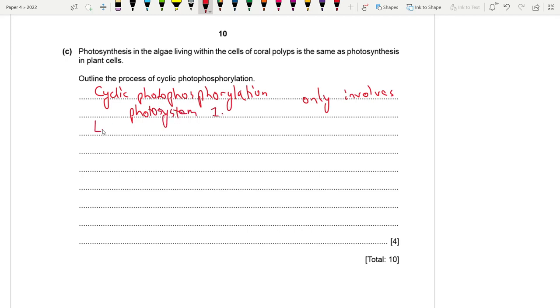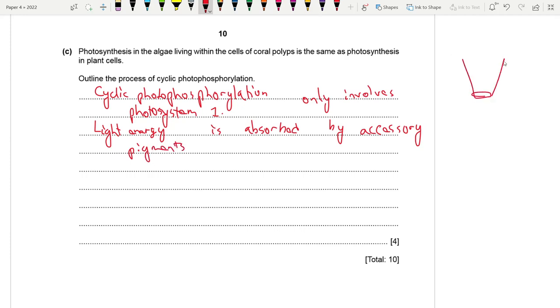Okay, so light energy is absorbed by accessory pigments. It's set up like this in a funnel shape. The accessory pigments are over here and chlorophyll A is at the reaction center. So mainly the light energy is absorbed by the accessory pigments.